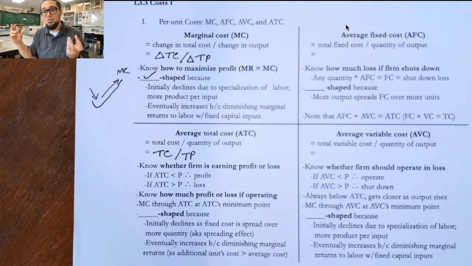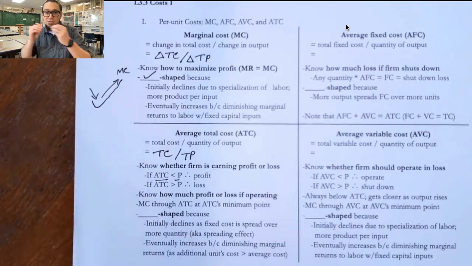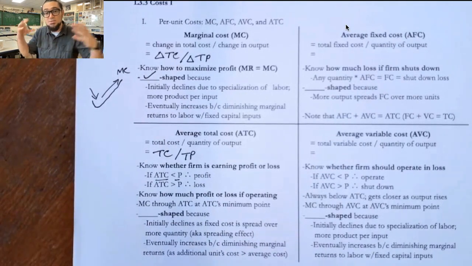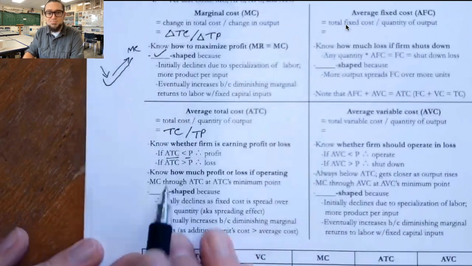If the price of that unit was 65 cents, well, then we're making a profit, right? We're actually making a 7-cent profit on that unit and all the units before them. So it can allow us to tell profit per unit if we compare ATC and price. And we can actually use that if we multiplied it by the quantity to determine the whole amount of profit. So again, here we're determining how much profit or loss if we are operating.